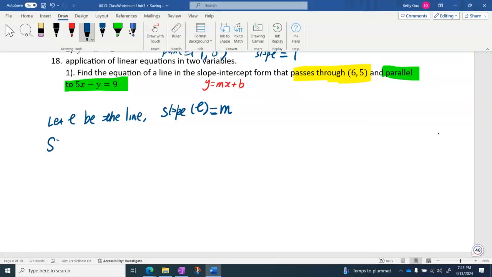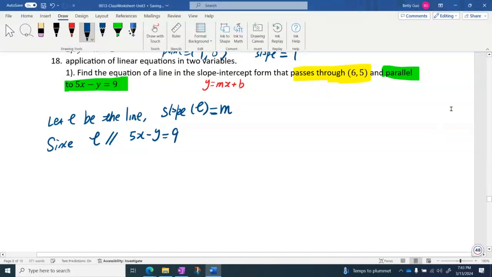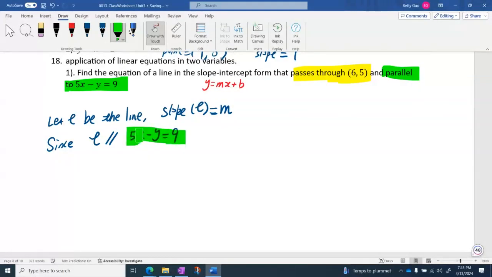Now I'm going to start. Since L is parallel to the green line 5x minus y equals 9, let me highlight it in green. The condition says the line we're looking for is parallel to the green straight line.